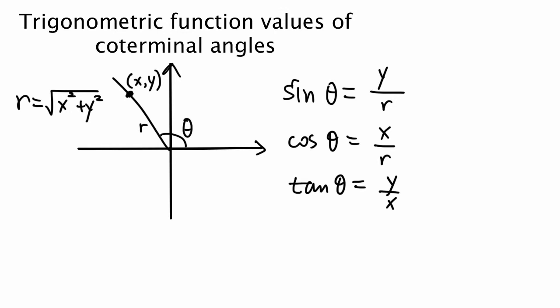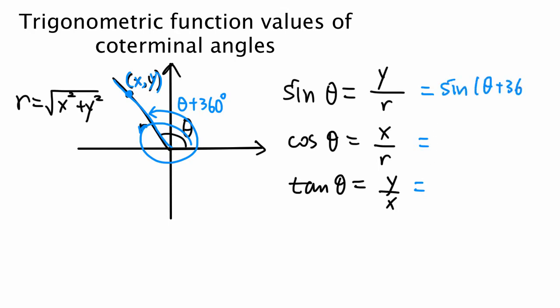Now let's suppose we have a coterminal angle, another angle that ends up in the same place. For instance, let's say theta plus 360 degrees. Theta plus 360 degrees has the same point on the terminal side and the same value r. So if you compute the sine, cosine, and tangent of this other angle, we will have the same values.